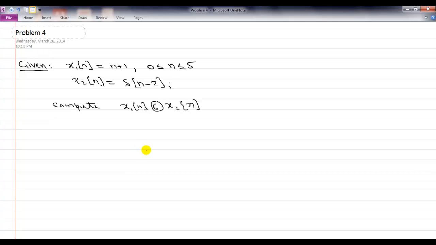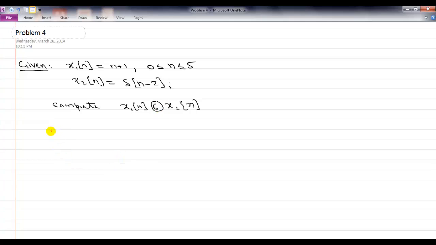This practice problem is about a review of circular convolution. So we are given two sequences, and we are asked to compute a 6-point circular convolution.